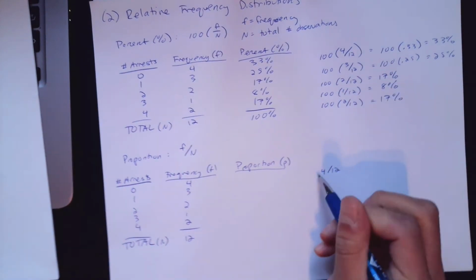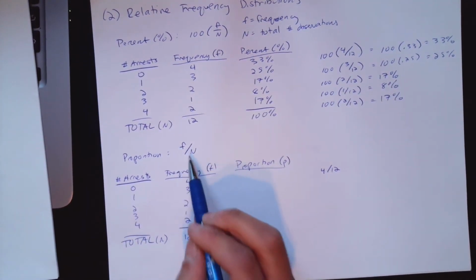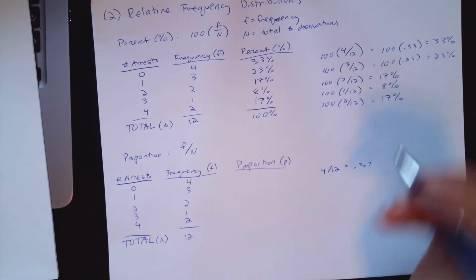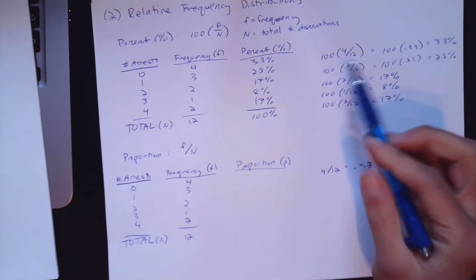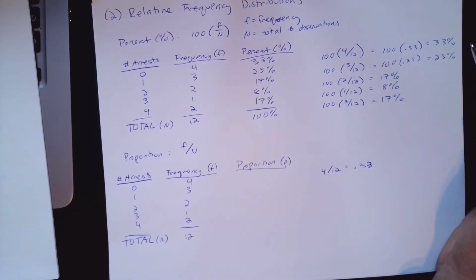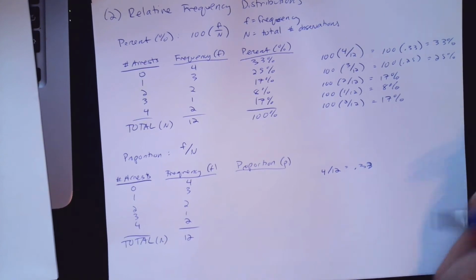So we're just going to be doing 4 divided by 12 for f divided by n, and that's going to give us 0.33. So what you see is that we have exactly the same information that we did up here. The only difference is that instead of saying 33%, we're going to say we have a proportion of 0.33.